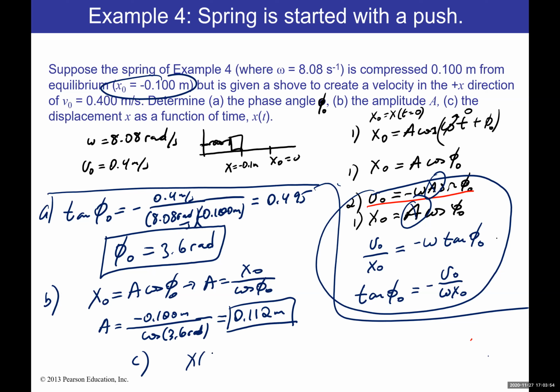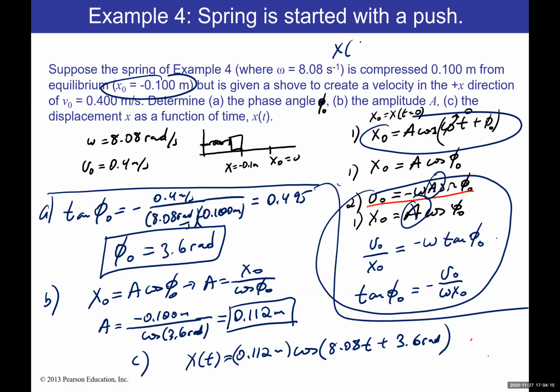So x as a function of time equals the amplitude, 0.112 meters, times cosine of omega, which is 8.08 times t, plus 3.6 radians, the phase constant. This is basically me writing the general equation, x as a function of time equals A cosine of omega t plus phi naught. That's for part C.